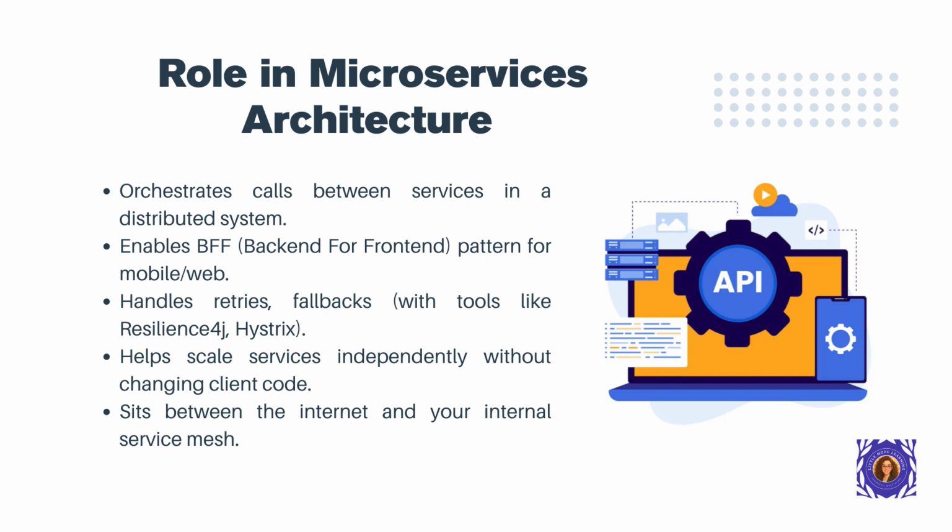The gateway can also handle resilience patterns using tools like Resilience4j or Hystrix, implementing retries when services fail, and fallback responses when they're unavailable. Perhaps most importantly, it allows you to scale individual services independently without requiring changes to client code. In the bigger picture, your API gateway sits between the public internet and your internal service mesh, acting as the first line of defense and organization.